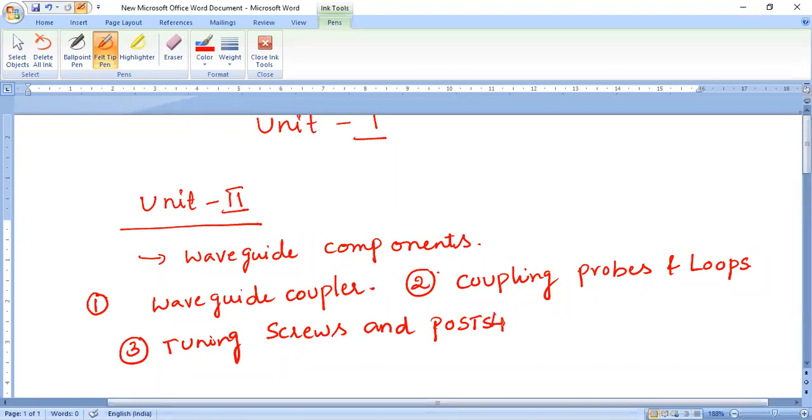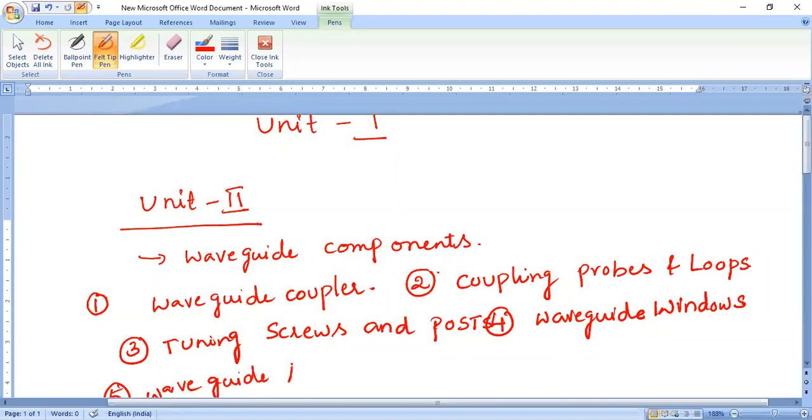And the next one is waveguide windows. And the next one is waveguide attenuators. And phase shifters.